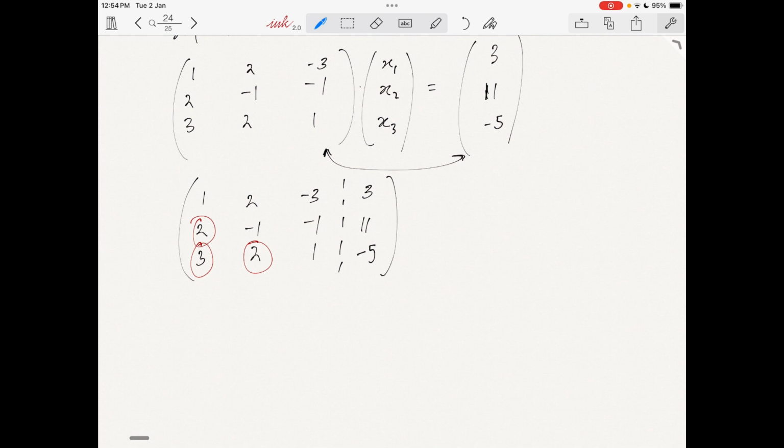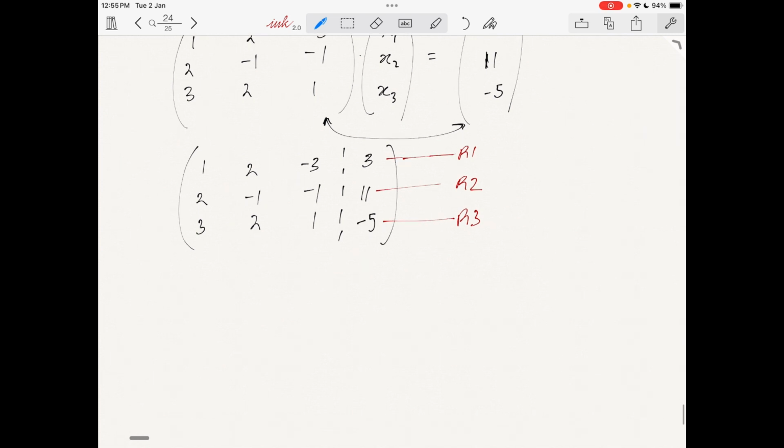So we want to turn this 3 into 0. For that, this is our row 1, this is our row 2, and this is our row 3. How do we turn 2 to 0 and 3 to 0?